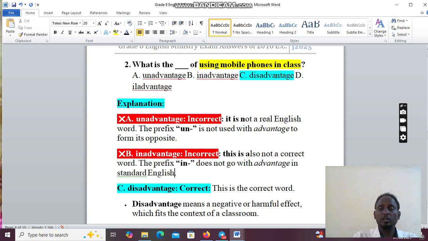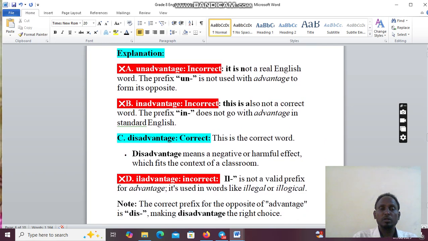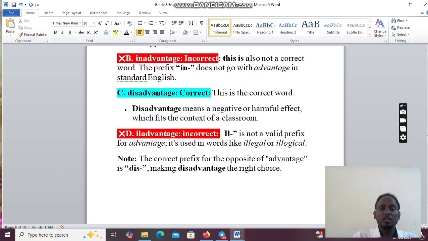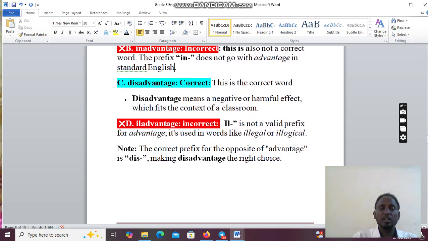So the correct answer for question number 2 is C. And D is ill advantage. Again, this one is wrong because ill is a prefix that does not go with advantage. It usually goes with words like illegal, illogical, and the like. So the correct prefix for the opposite of advantage makes disadvantage the right choice.